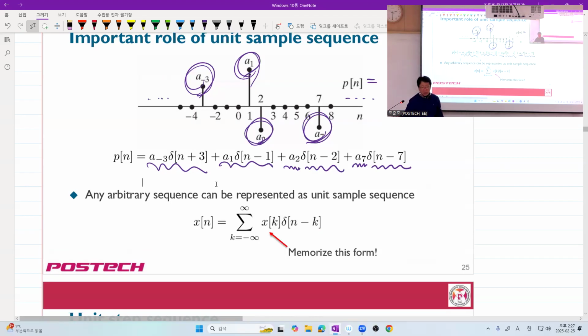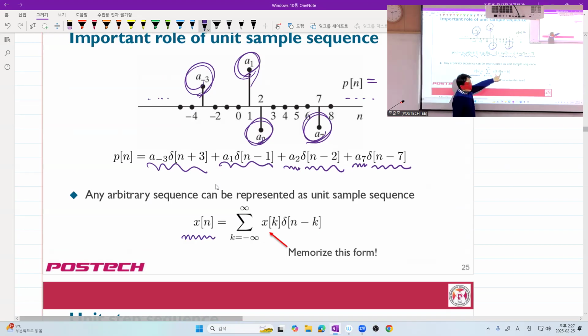But let's slow down and find what the left-hand side is. The left-hand side is a discrete-time signal parameterized by n. So n is the time index. Now, keeping that in mind, see the right-hand side. Even though it has sigma and some summand, which is a product, is this a function of n?